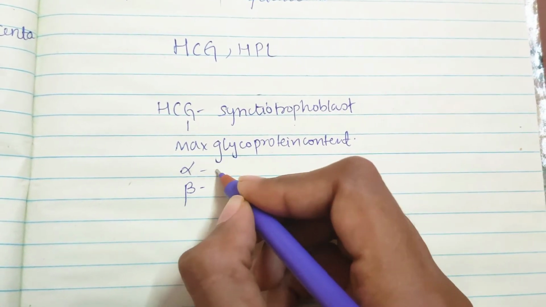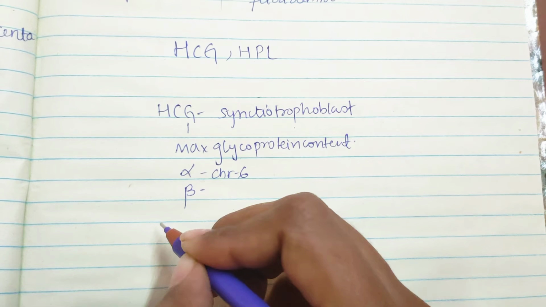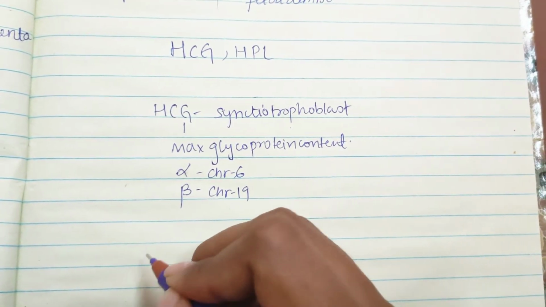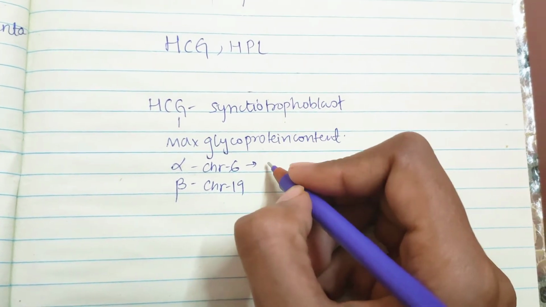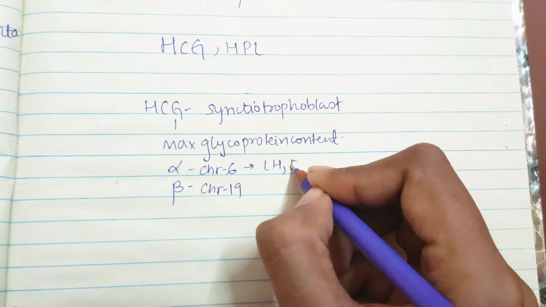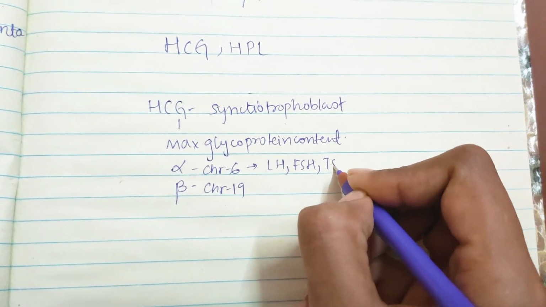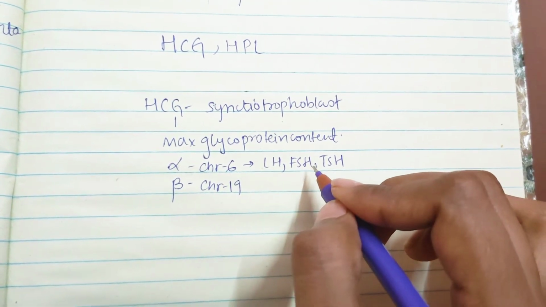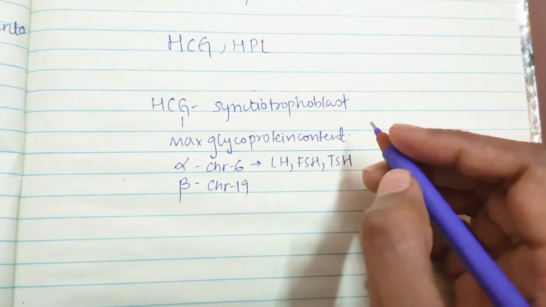Alpha type you will see on chromosome number 6, whereas beta type you will see on chromosome number 19. The alpha type is mainly similar to luteinizing hormone, FSH and TSH, so it is similar to these hormones, and it is non-specific.